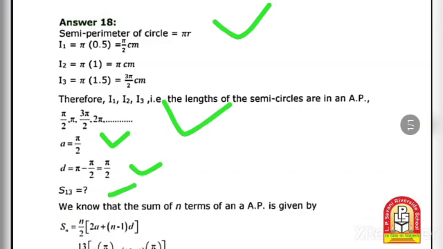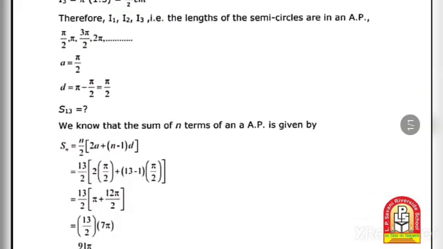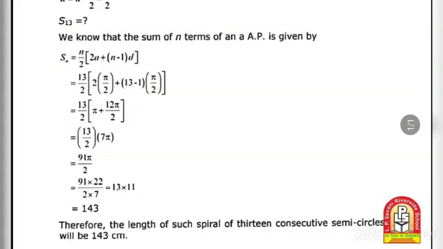Then for S13, we know that the sum of the n terms of an arithmetic progression is given by Sn is equal to n by 2 into bracket 2a plus n minus 1 into d. So 13 by 2 into the bracket 2 into pi by 2, plus n minus 1, that is 13 minus 1, and d is equal to pi by 2. So 13 by 2, the 2 cancels.